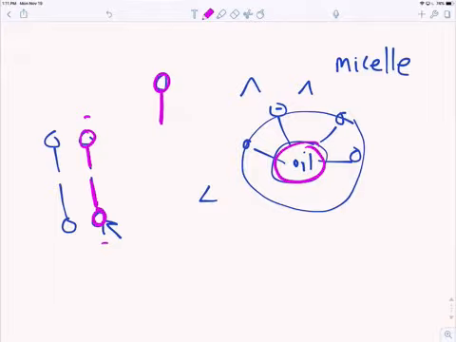You can have water outside the cell membrane, then you have this barrier that's 2 molecules thick, and then you have the inside of the cell, the cytoplasm, which is also aqueous. So simply 2 molecules are what separates your cell from its inside and its outside.